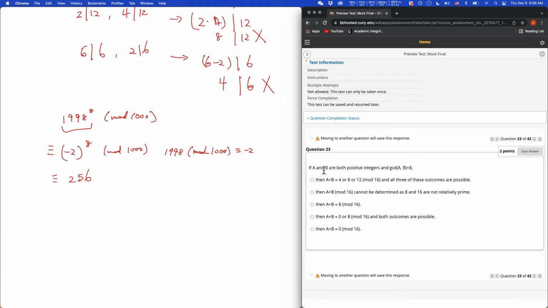If A and B are both positive integers and their GCD is 8, that means both numbers are multiples of 8. When you add two multiples of 8, A plus B will also be a multiple of 8. Now, can A and B ever be congruent to 4 mod 16? The answer will be no, because 4 mod 16 is not a multiple of 8.